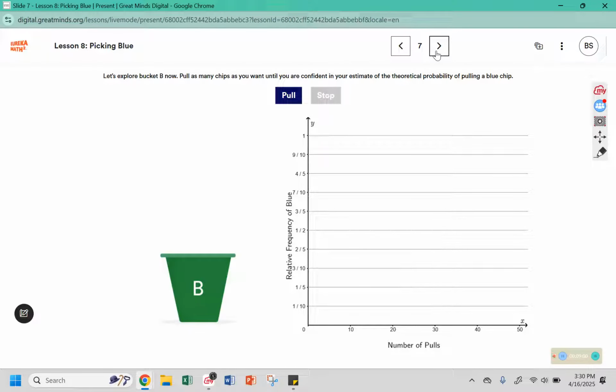Let's explore bucket B now. Pull as many chips as you want until you are confident of your estimate of the theoretical probability of pulling a blue chip. Now it's begun to level out around 0.3.